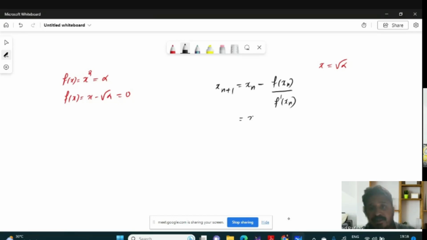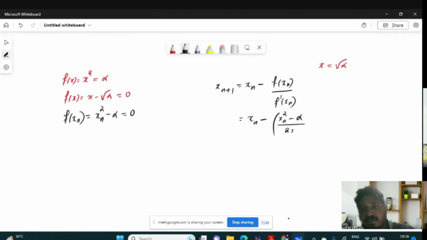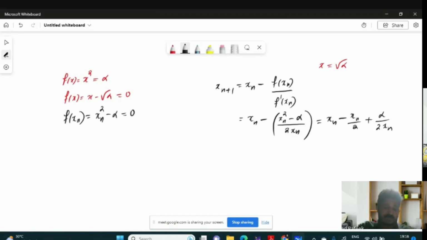Here f of xn becomes xn square minus alpha, and f dash of xn is 2xn. So xn plus 1 is equal to xn minus xn square by 2xn plus alpha by 2xn, that is, xn plus 1 is equal to 1 by 2 into xn plus alpha by xn. That is the formula for xn plus 1.